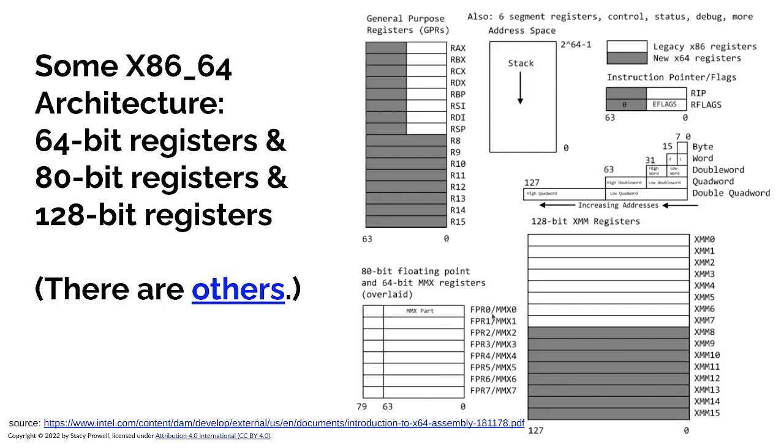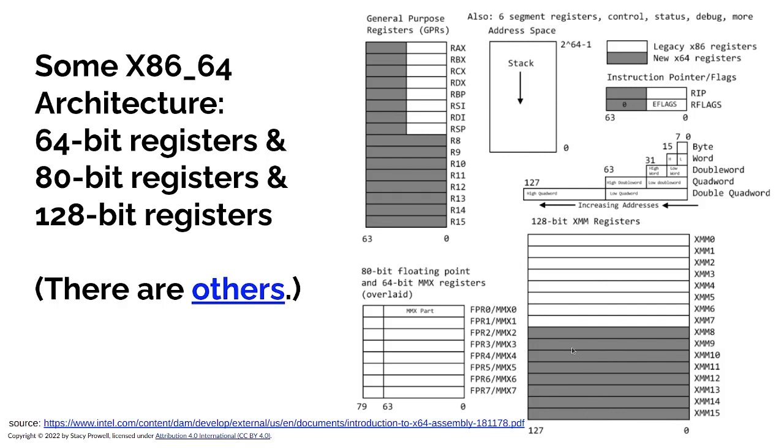So I could set FPR 0 to some value, and then if I think I can set MMX 0 to some other value, I can't, because I'll overwrite part of this. So these are all one thing. This is just an alias for the low 64 bits of this register. In addition, there are 128-bit XMM registers.